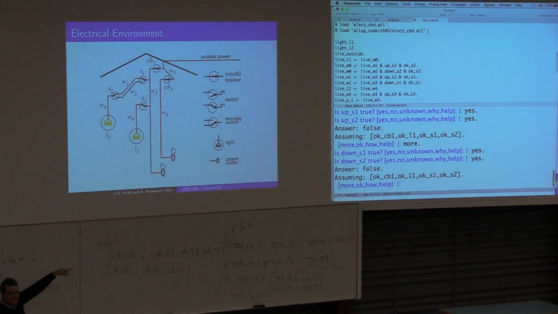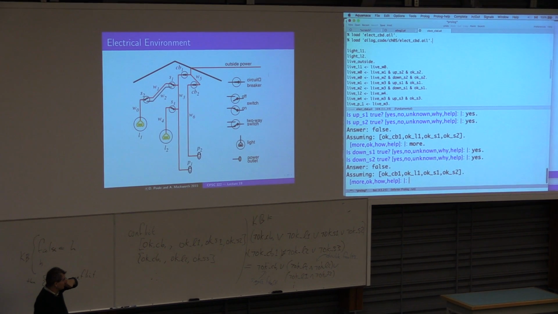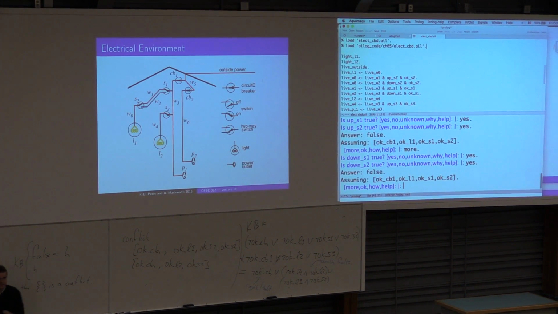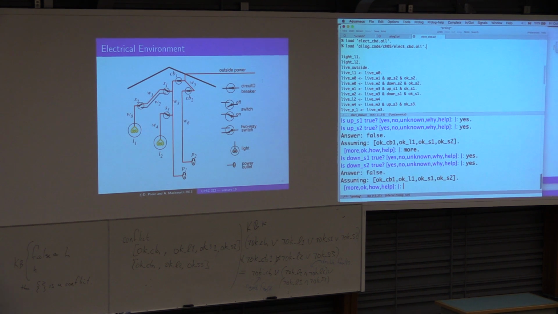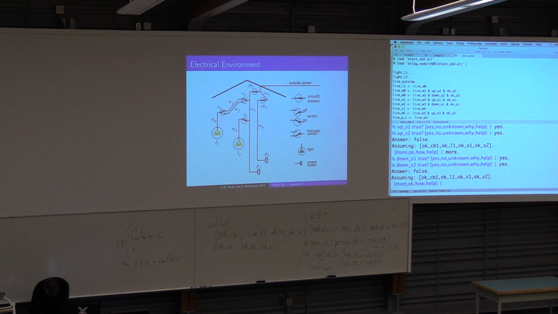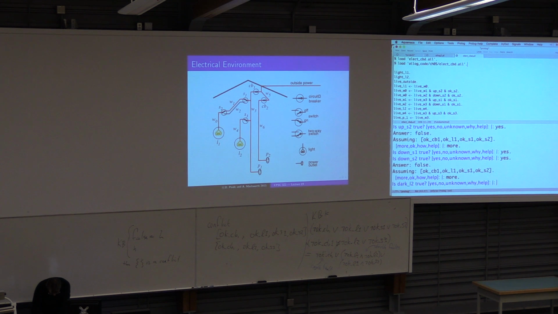In this case there's actually the same assumptions in there. But it doesn't know anything. It doesn't know up and down are related. It doesn't know these things. So you can keep asking yes.